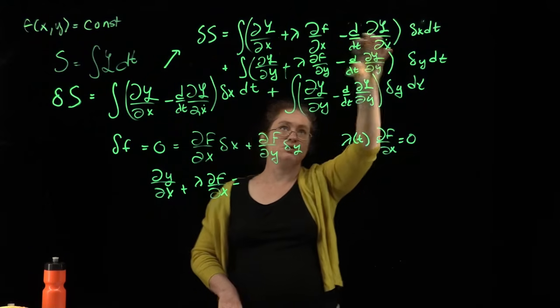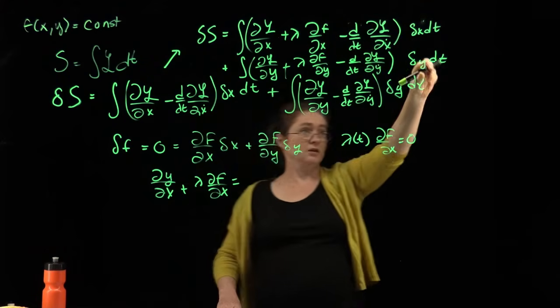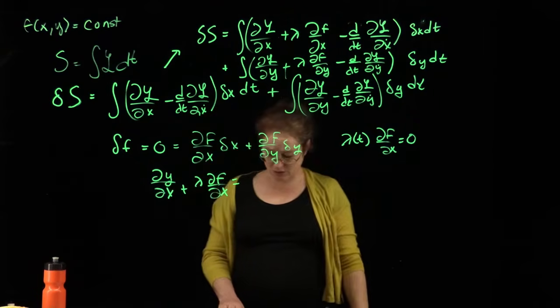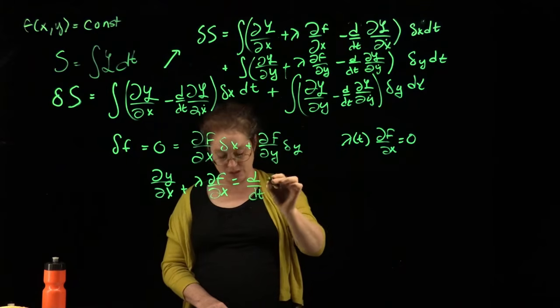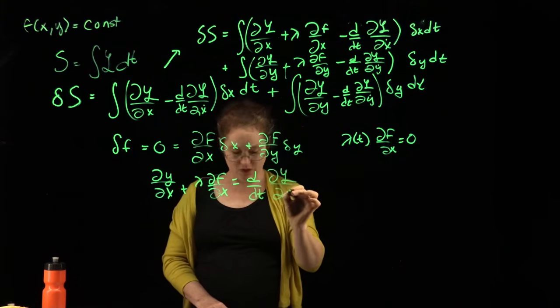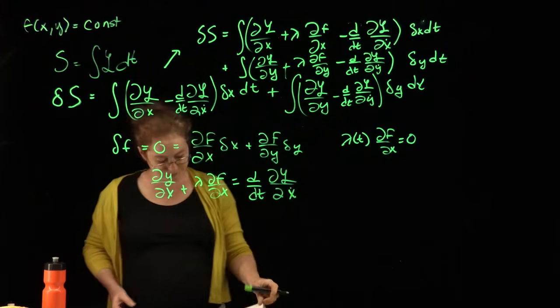Now this only depends on y, and that only depends on x, and so they have to be independently true. So then you have a modified Euler-Lagrange equation using Lagrange multipliers so that you get this extra term.